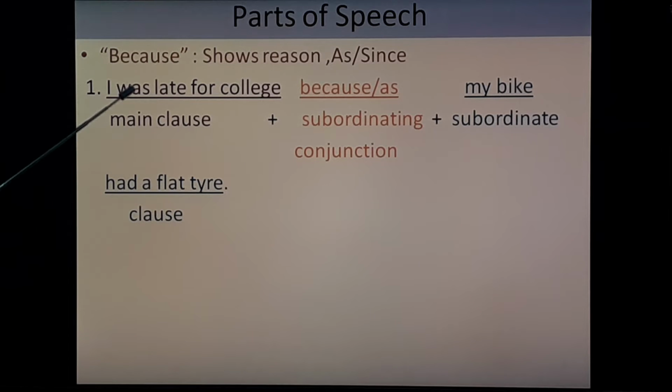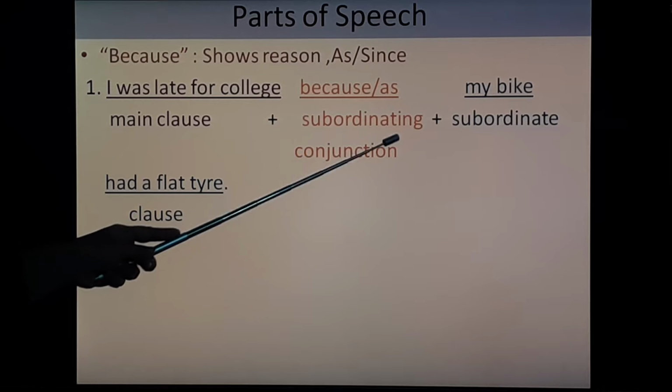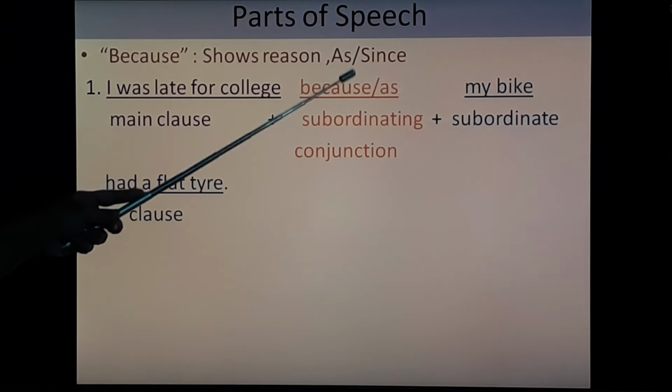So here two clauses are mentioned. First is the main clause and then the subordinate clause. Then they are joined with the help of the subordinating conjunction, that is 'because', 'as', or you can also put 'since', because all three have the same meaning.